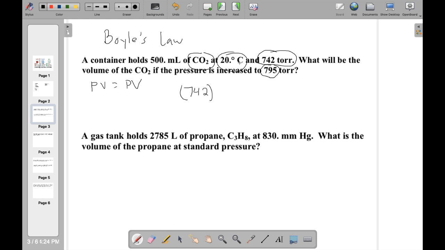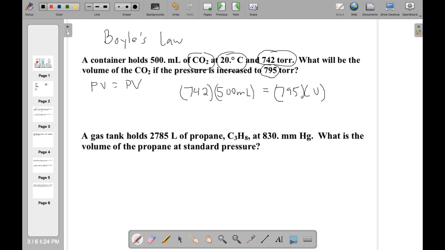Our first volume is 500 milliliters equals our second pressure is 795 torr. And we don't know what the second volume is. That's what we want to find. Now, this 20 degrees doesn't matter because basically the 20 degrees is the same before and after. So it's constant.